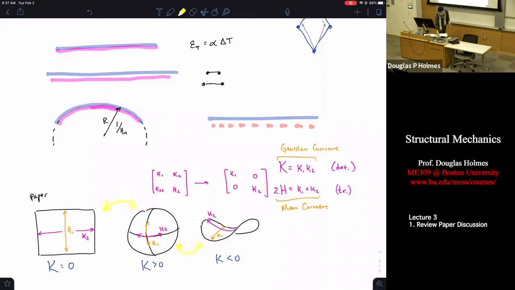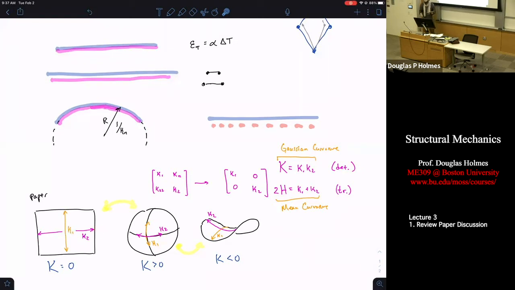So how does this relate to the warping wafers problem? Well, when you're heating up a beam, you're asking it to go from flat to this curvature here. When you heat up a plate, what you're asking it to do is to go from a flat plate to be curved into this kappa in this direction, and to be curved in kappa in this direction.